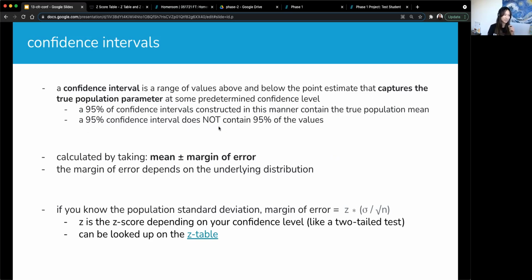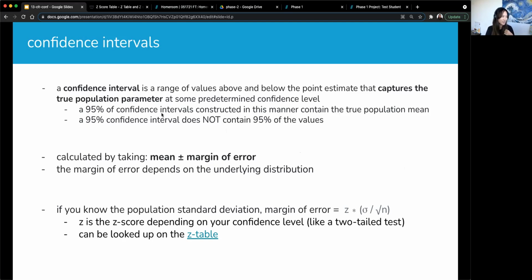A confidence interval does not contain 95% of the values. That is a common misdefinition, a wrong definition. I, for a long time, thought that that was the case, but that's actually not what it is, because the confidence interval looks like a range of values, but it's not something that contains 95% of the values. Rather, it's a little bit more abstract than that.